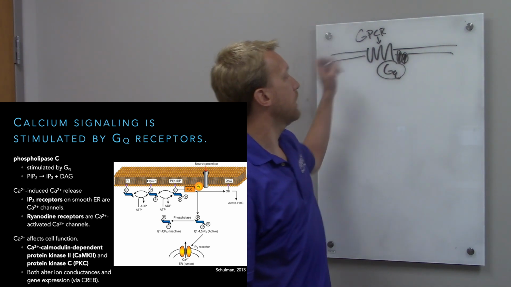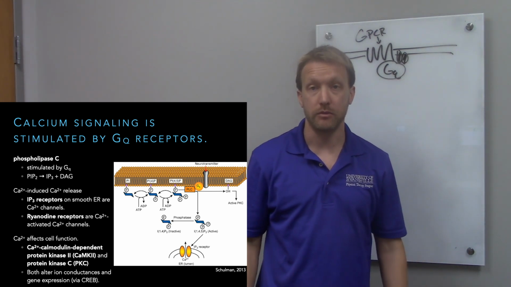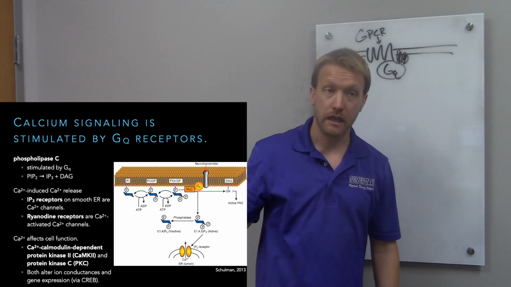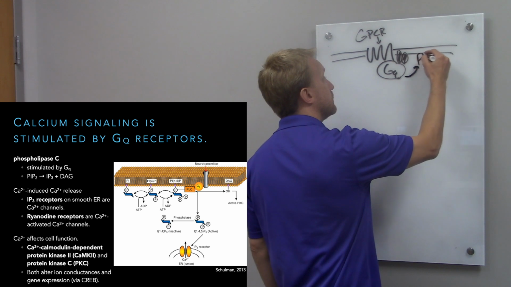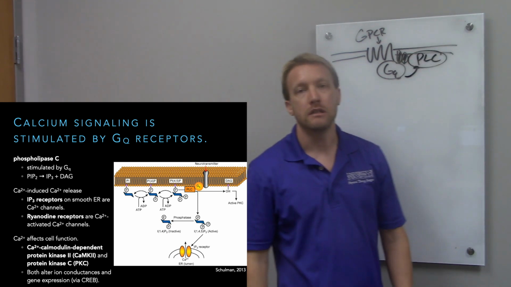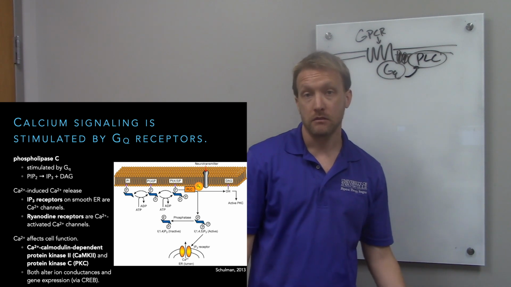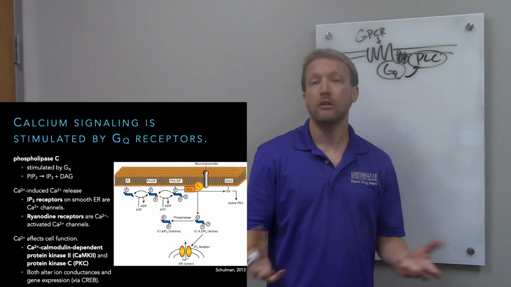When neurotransmitter binds, we slap a GTP on and we activate the GQ subunit. We're not going to act on adenylyl cyclase. In this case, we're going to act on phospholipase C, PLC. What this will do is cut up some phospholipids, phosphatidylinositol bisphosphate, if you care, and it'll make two things.